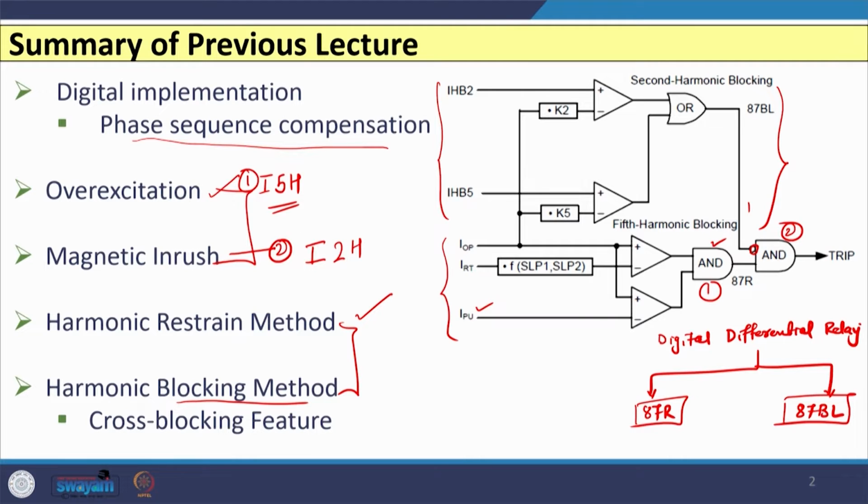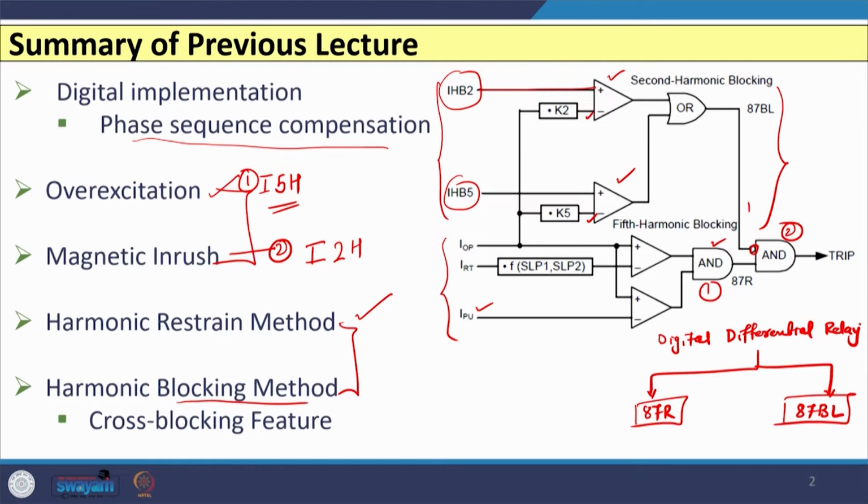So, in that case we again use two operational amplifiers, and one of the input is given, let us say, for second harmonic current, and here in the lower side one of the input is given to fifth harmonic current, and the second input to each operational amplifier is the setting, let us say K2 multiplied by operating current and K5 multiplied by again operating current, that is your predetermined threshold value.